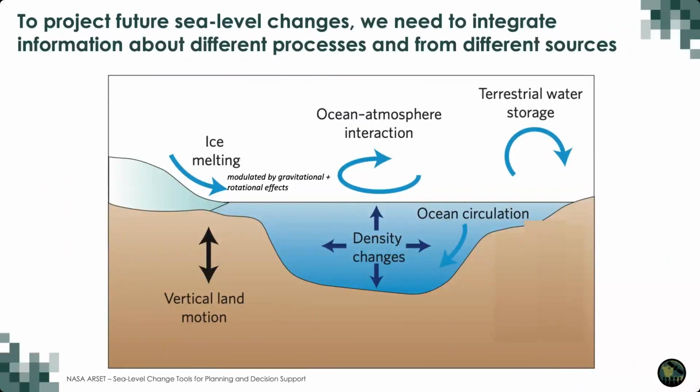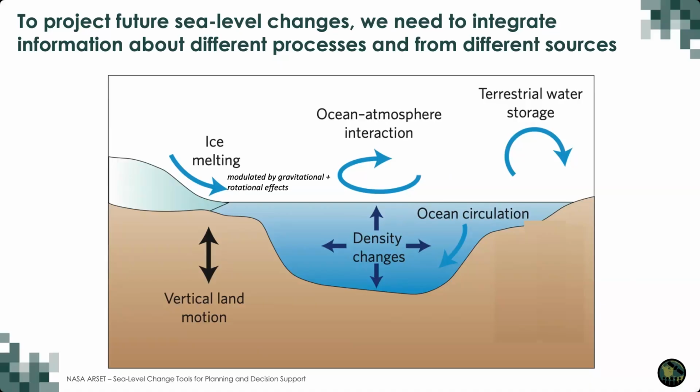So to project future sea level changes, we need to integrate information about different processes that come from different sources. There is no single Earth system model, for example, that models all of the processes contributing to sea level change. So we need to be able to model and project a set of processes that are associated with oceans and atmosphere and how they interact.